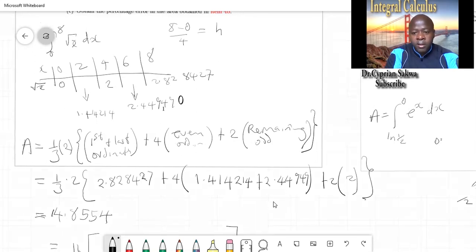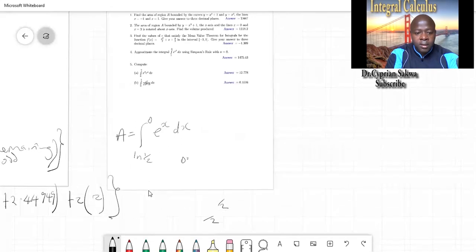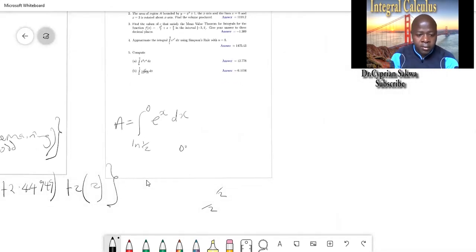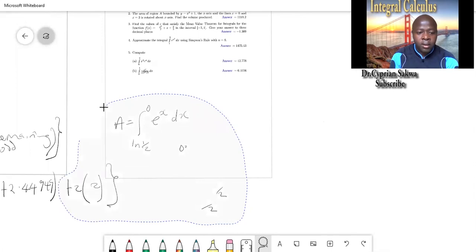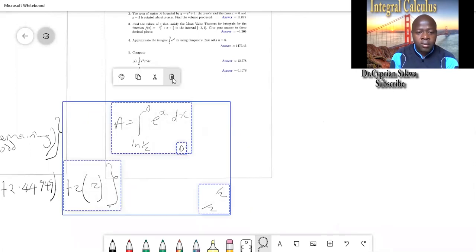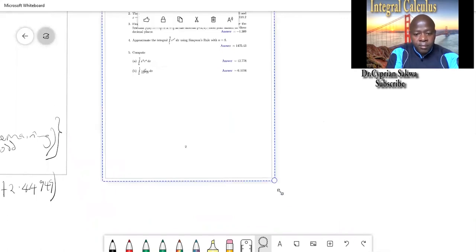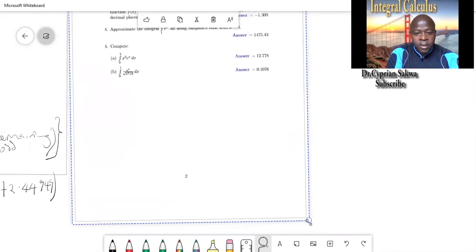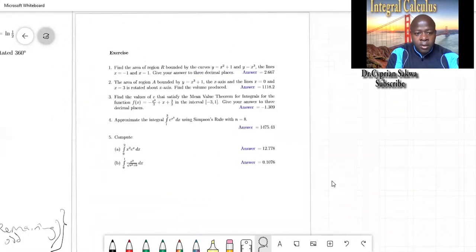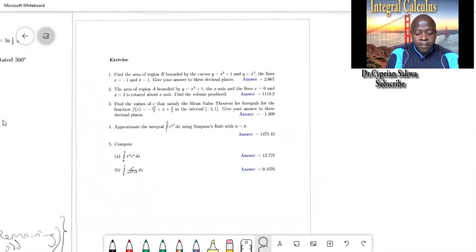Now what follows is some exercise for you. Let me give you some questions so that you use the examples I've shown and you do the questions here. The first one, find the area of the region bounded by this and that.